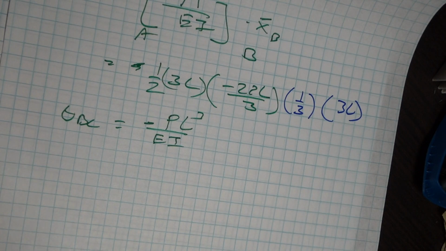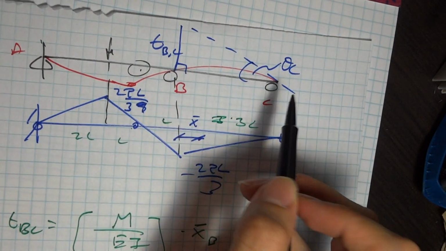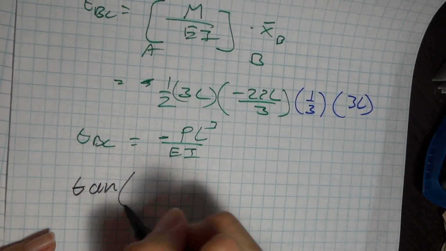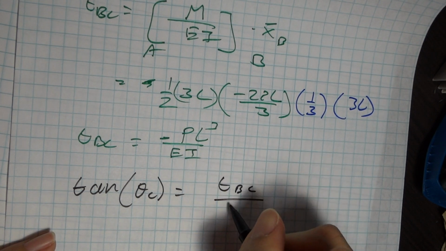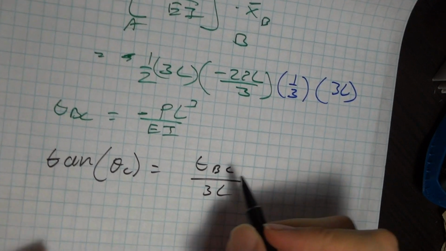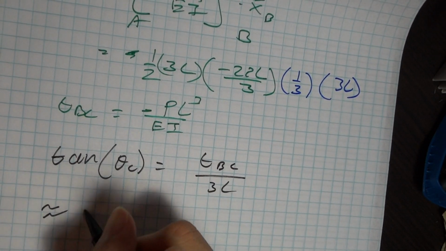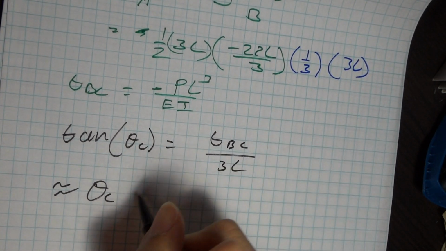Okay, I can use my small angle approximation. I know the height of this triangle. I know the base of this triangle. Tan theta C equals TBC on 3L. Tan theta C is approximately equal to theta C if the angles are small, and the angles will be small.